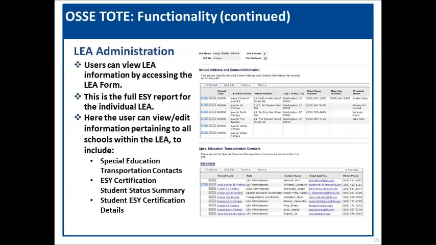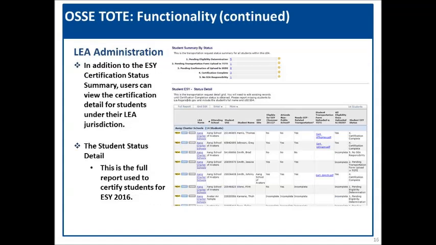This is the full ESY report for the individual LEA. Here the users can view or edit information pertaining to all schools within the LEA, to include special education transportation contacts, ESY certification student status summary, or student ESY certification details.